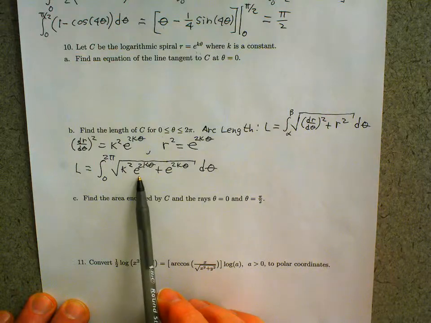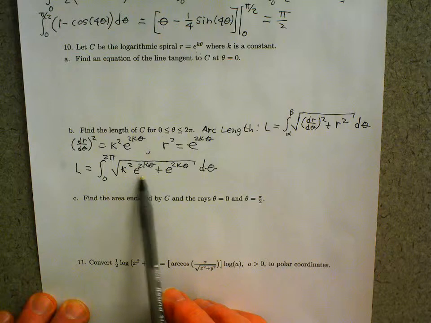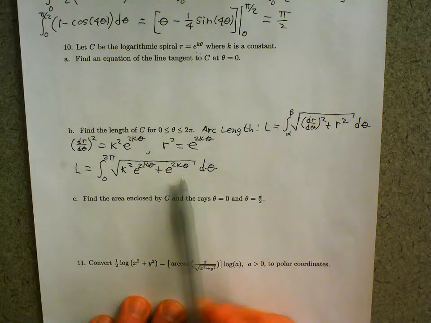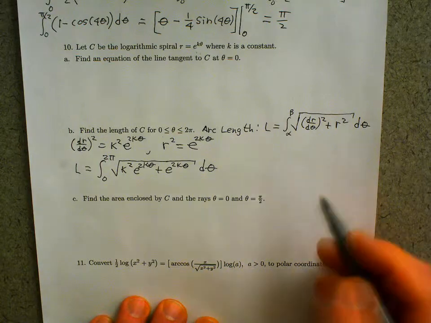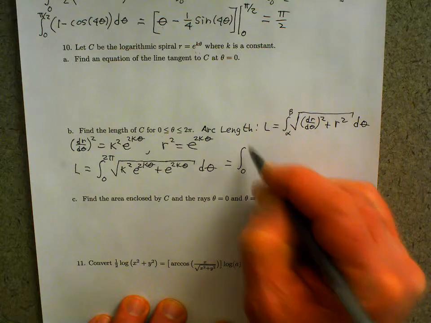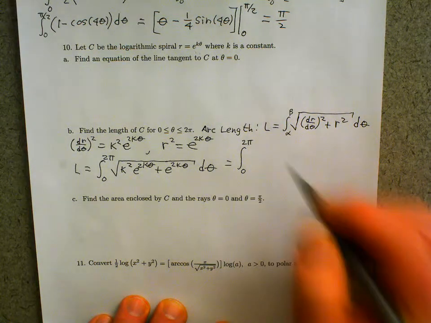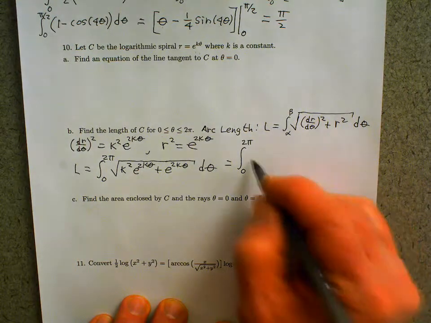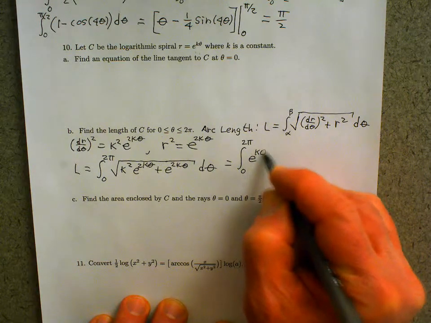Inside the square root, we can factor e to the 2k theta from both of the terms. And then when we take the square root of that, we'll get this integral. The square root of e to the 2k theta is just e to the k theta.